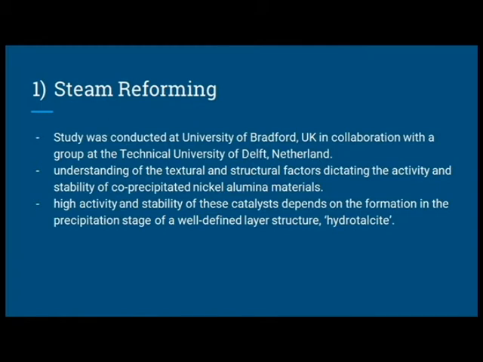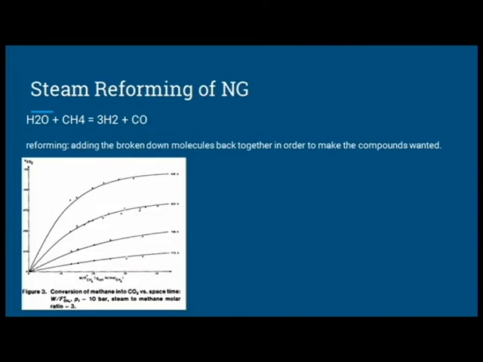In steam methane reforming, methane reacts with steam under 3 to 25 bar pressure in the presence of a catalyst to produce hydrogen, carbon monoxide, and a relatively small amount of carbon dioxide. Steam reforming is endothermic, that is, heat must be supplied to the process for the reaction to proceed.